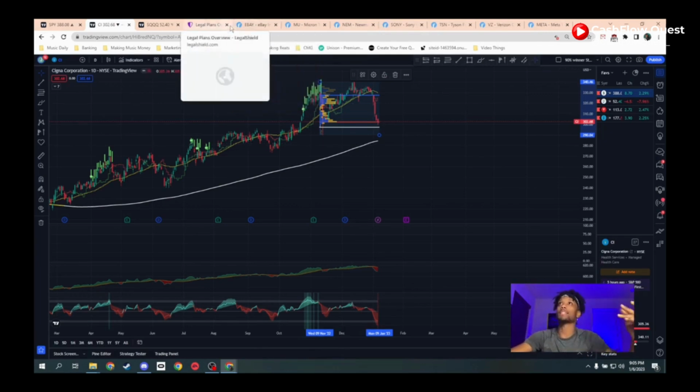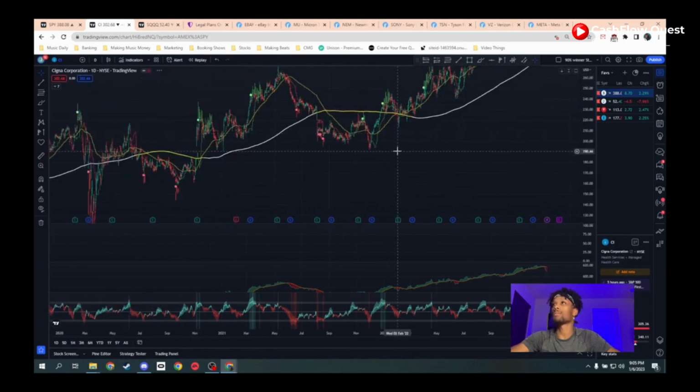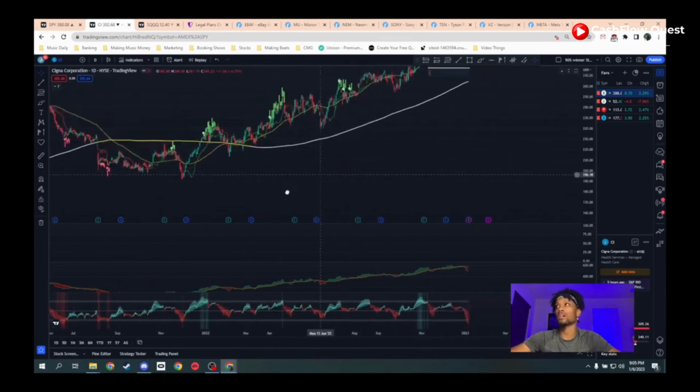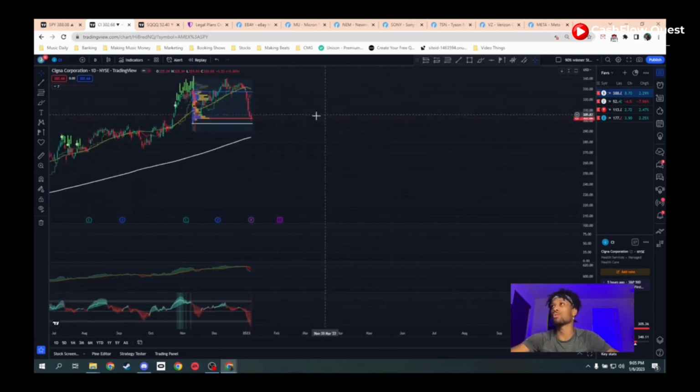Write this down. I like Cigna. It's in an uptrend. And it'll be a good hedge for any of my other positions that I take, because this was a huge dive. Now, does that mean you take it right at the 200? No, because it could break the 200, and now you gotta wait to see what's happening.